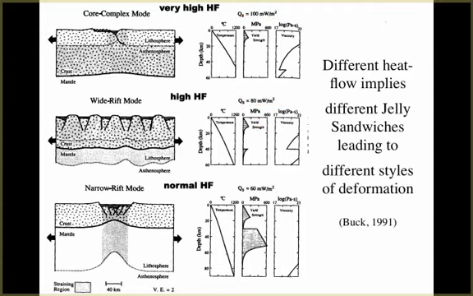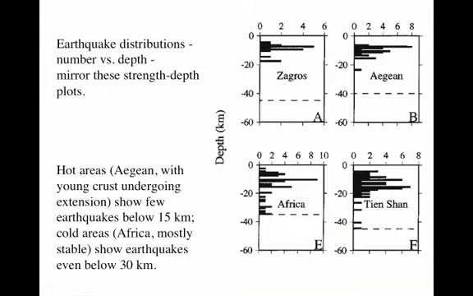That's exaggerated further in a narrow rift area with more normal heat flow of around 60 milliwatts per meter squared. We see a strong upper crust, but here the upper mantle is much stronger. If we look at earthquake distributions, the number of earthquakes versus the depth of those hypocenters, they mirror these strength-depth plots.